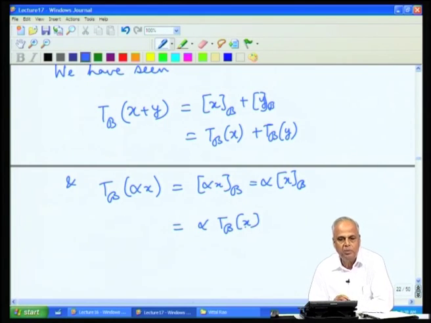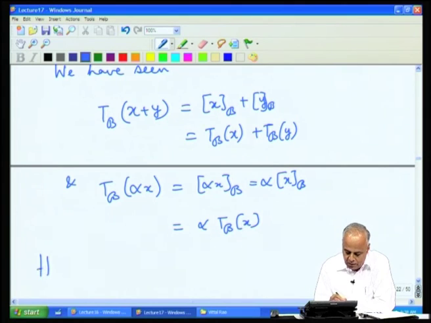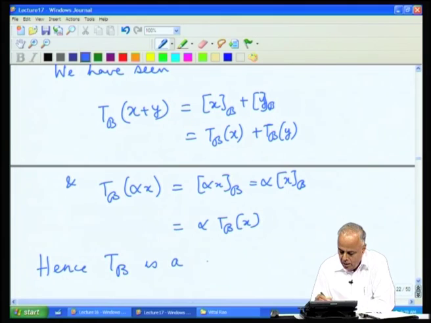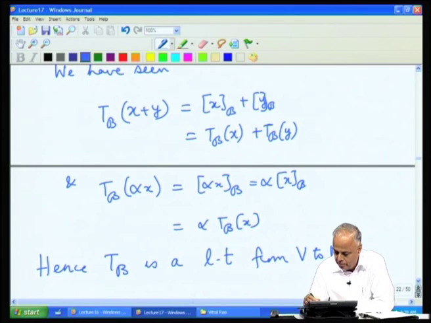So, T B preserves addition and scalar multiplication, hence T B is a linear transformation from V to F n.